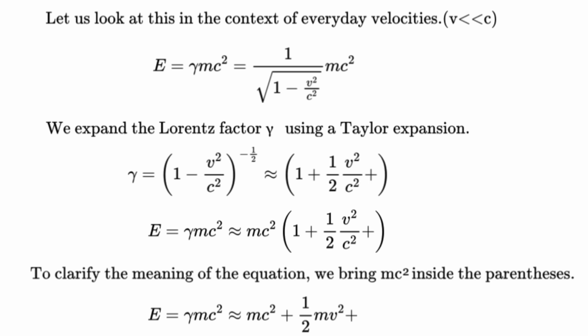Let us look at this in the context of everyday velocities. We expand the Lorentz factor gamma using a Taylor expansion. To clarify the meaning of the equation, we bring mc² inside the parentheses.